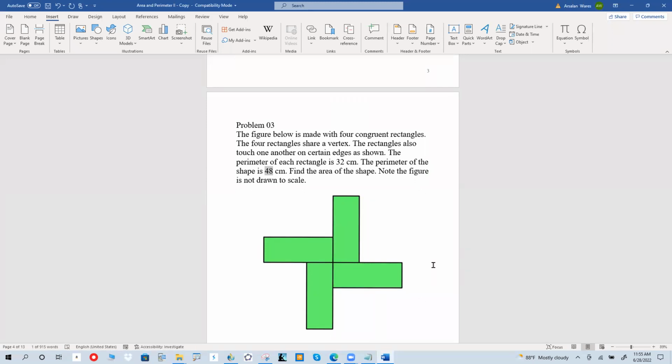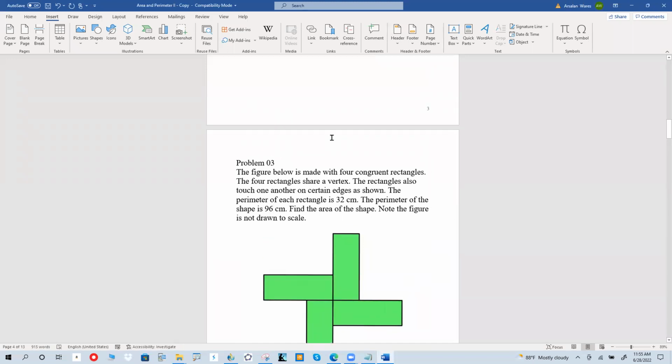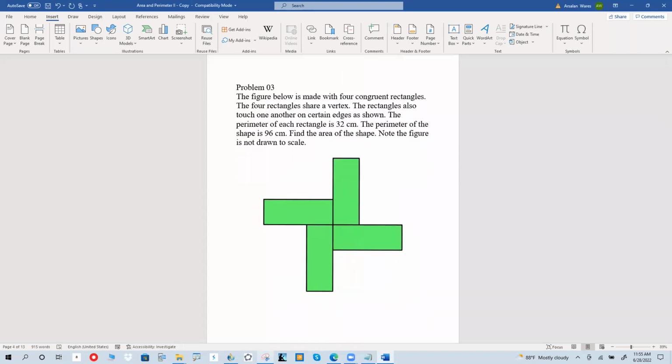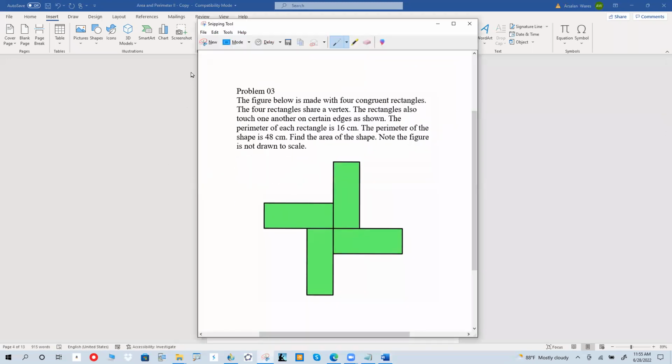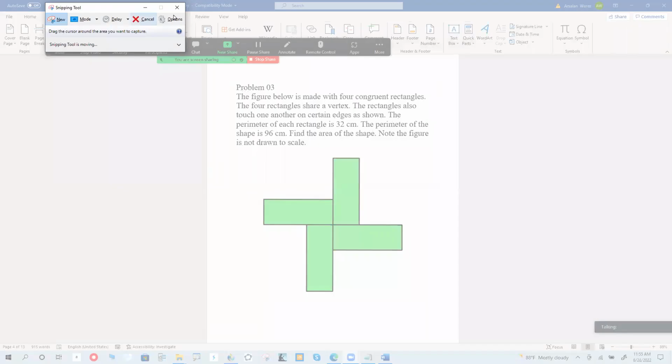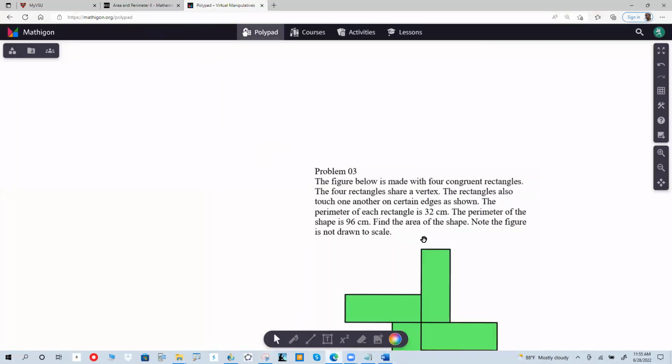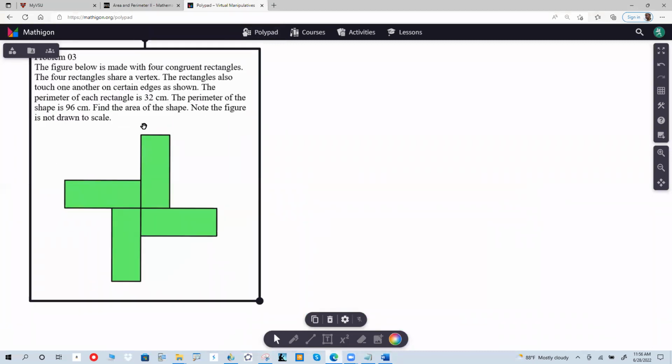I'm going to make this one 96. Let's take this problem to my other page. All right, very similar. The numbers have been changed.